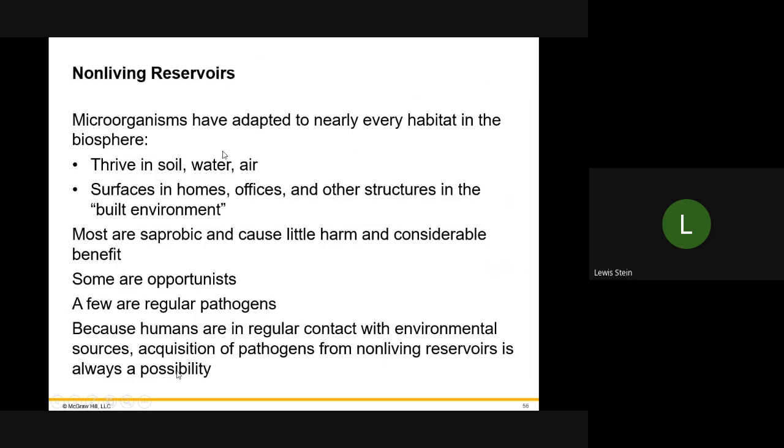So they thrive, and that's really the problem, in soil, water, and air. Okay. Surfaces otherwise. Most of them are really not problematic to us, other than those that we would consider to be opportunistic pathogens.